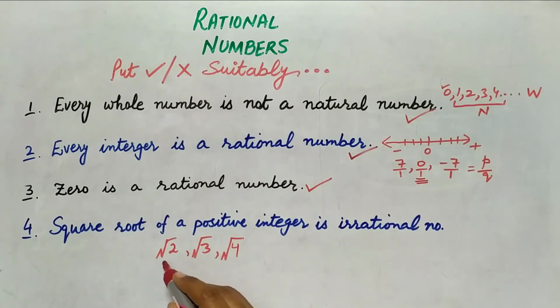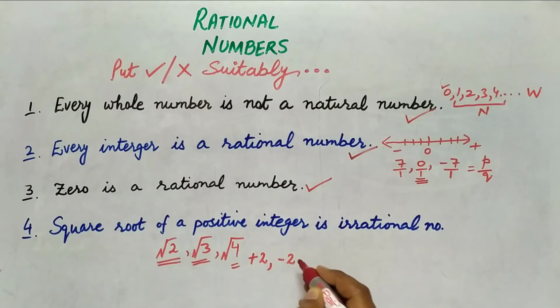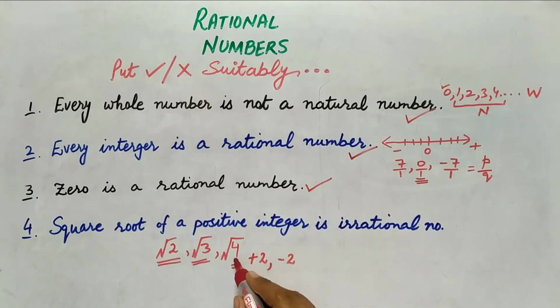Root 2 and root 3 have no particular value. The perfect value of under root 4 is plus 2 or minus 2.